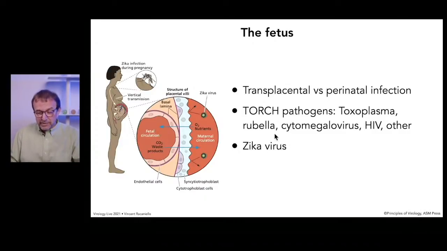And rubella virus does that, and cytomegalovirus, HIV as well. So that's transplacental infection. You also have what we call perinatal infection, which means at birth, right? There's a lot of blood present at birth, and if the blood has virus in it, then that can infect the fetus. And so some viruses do both. HIV can infect transplacentally or perinatally.